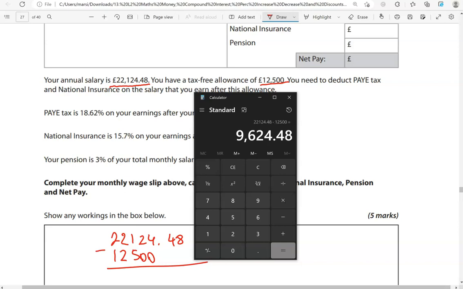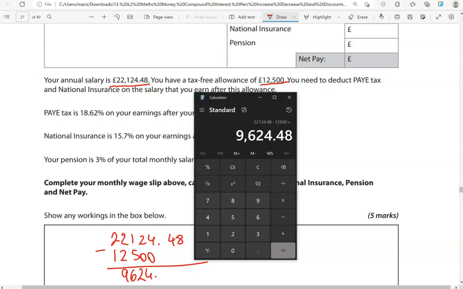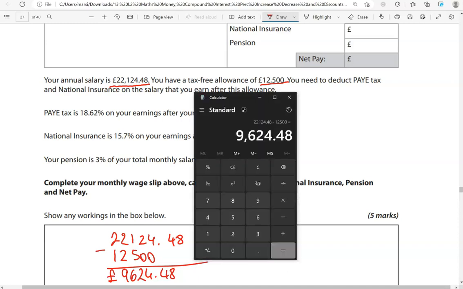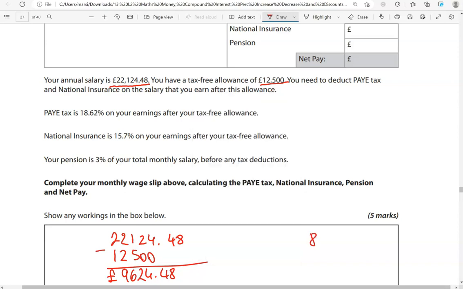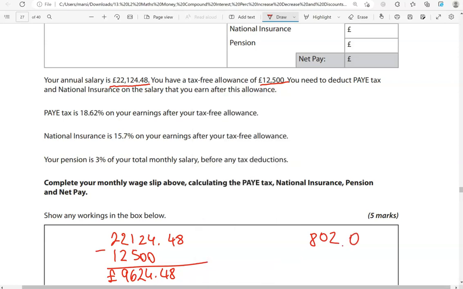So £9,624.48. If we divide this by 12, it should give us taxable income per month. So that is £802.04.